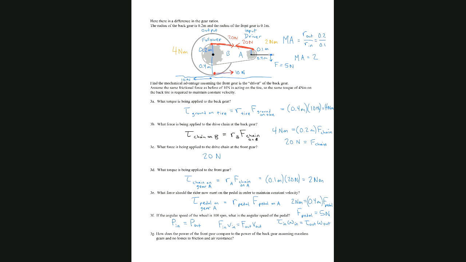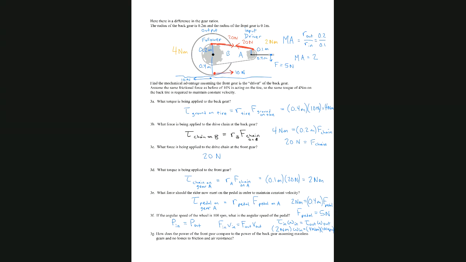So our input torque is 2 Newton meters. And we want to find that input omega. That's what we're being asked for. The output torque is 4 Newton meters, and the tire is rolling with 100 RPM.